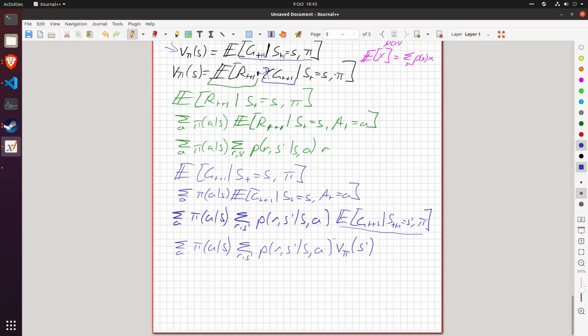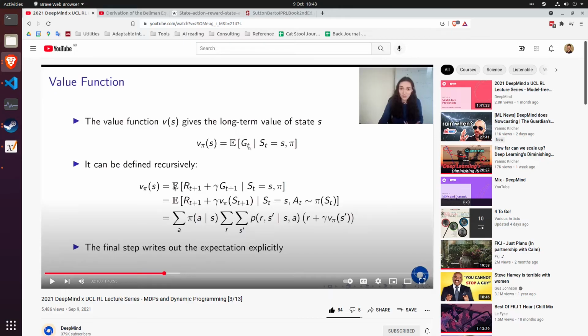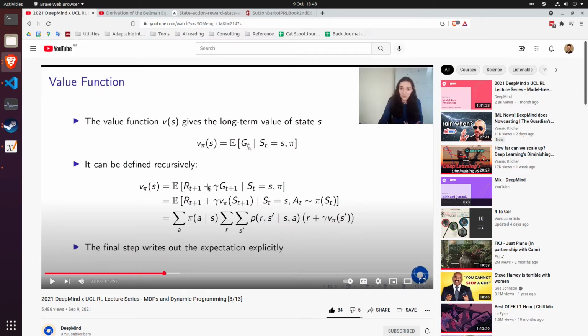And that's it. That's the Bellman equation, because now we've written the value function in terms of S, which referred to the state at time t. We've written that as some expression with now the value function at the next state. So that's the recursive bit.